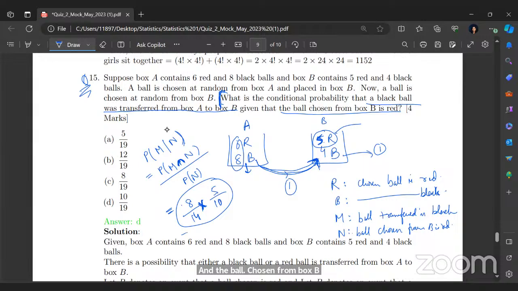Is this okay? Now, what is probability of N? So when we say probability of N, it means what we want is that the ball chosen from box B is red, right? So again, you can have two cases. So the ball chosen is red means what?